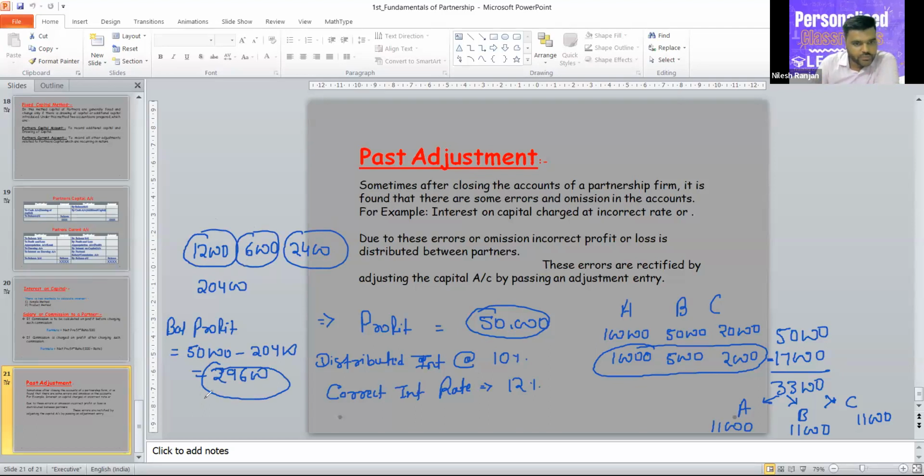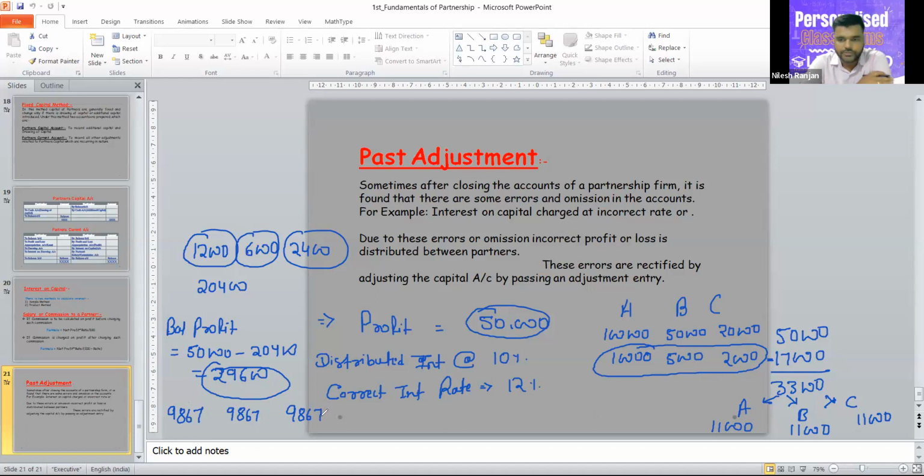So 29,600 divided by 3. It is 9,867, 9,867, and 9,867.